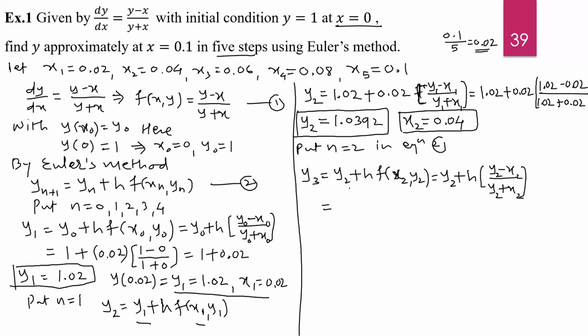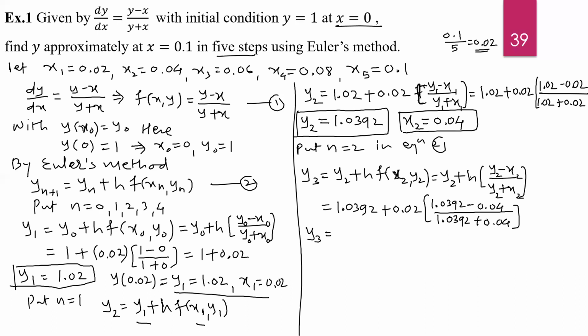The value of y2 is 1.0392 plus h is 0.02, times, the y2 is 1.0392 minus 0.04 divided by the same value 1.0392 plus 0.04.